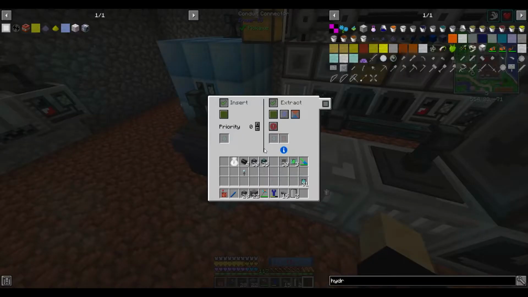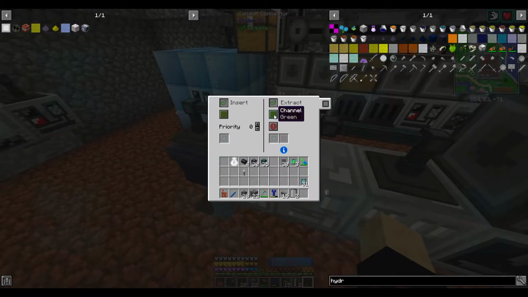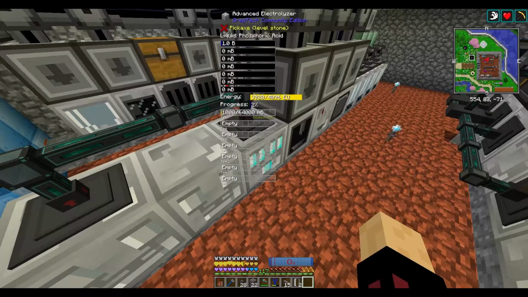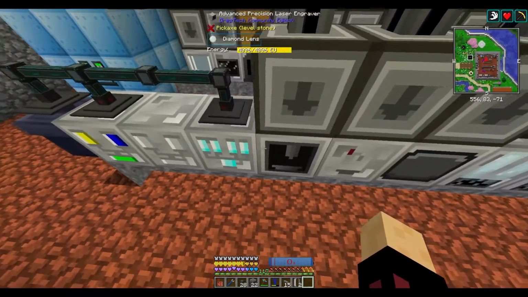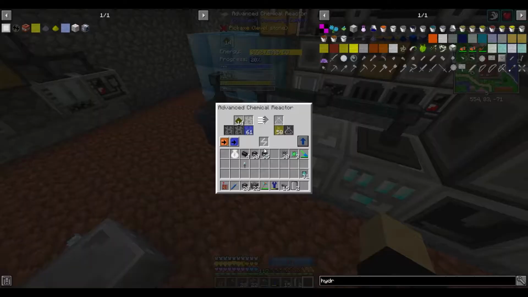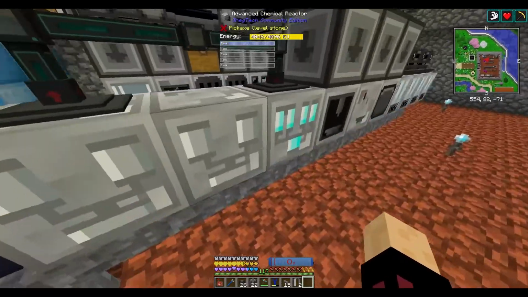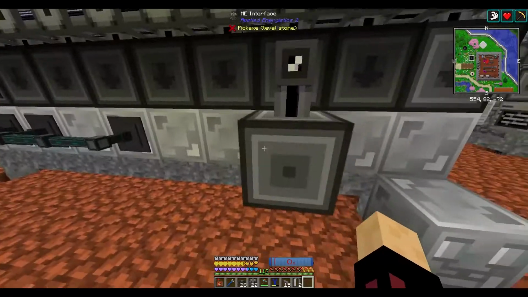And you need to send your liquids back to there. So we're going to use another channel, red. And we're going to insert on red over here. That should start the whole process yet again. And produce our phosphoric acid. Nice. So, yeah. This is going to take a while, and after a little bit of time, we'll collect our dusts.